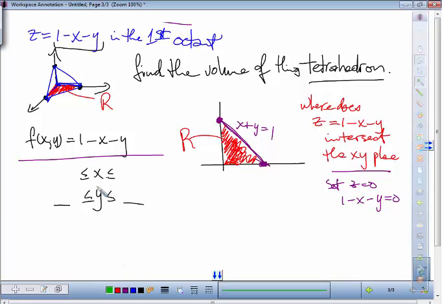If we're going to integrate with respect to x first, here's what I want you to do.